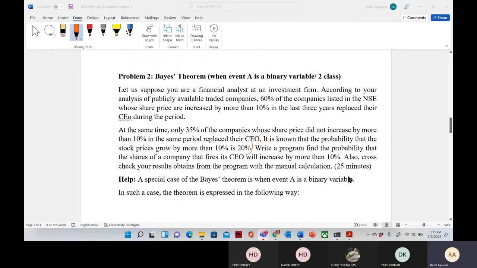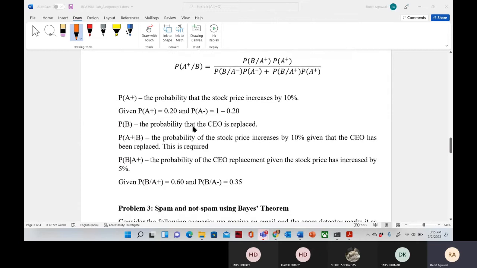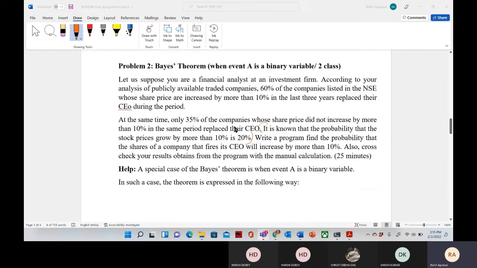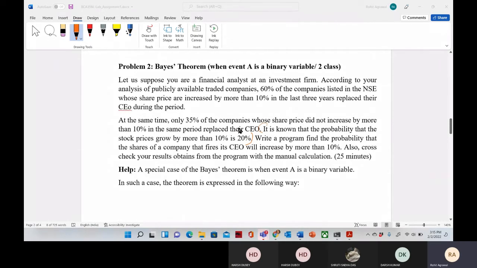Okay. See, in the second question, A is the event that the stock price increases by 10%, and B is the event that the CEO is replaced. In this question, P of B is given.